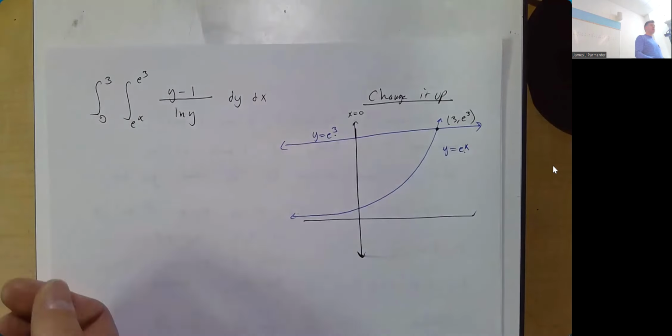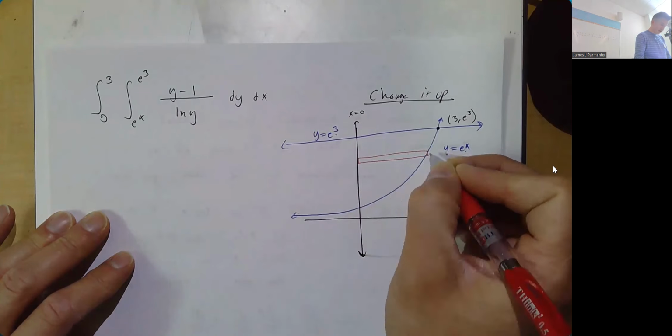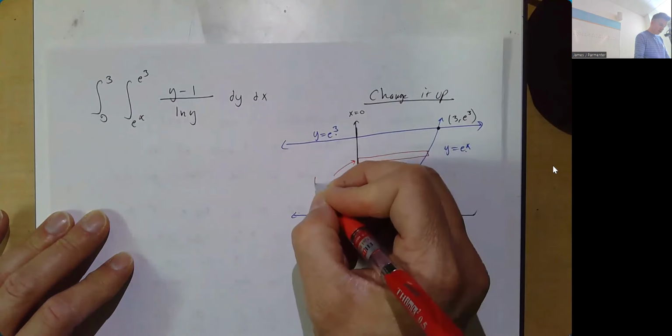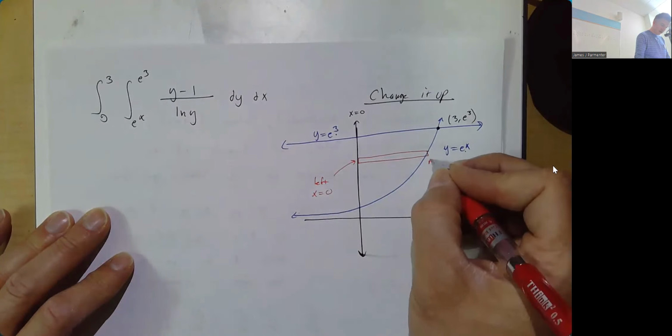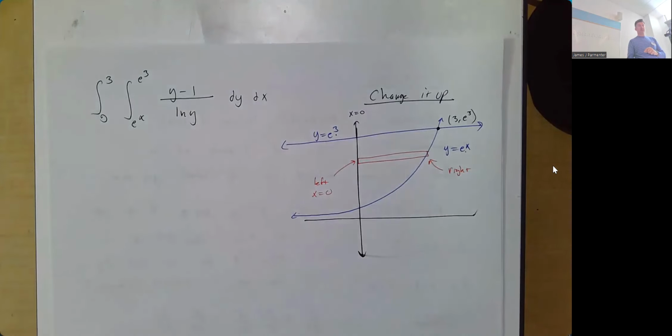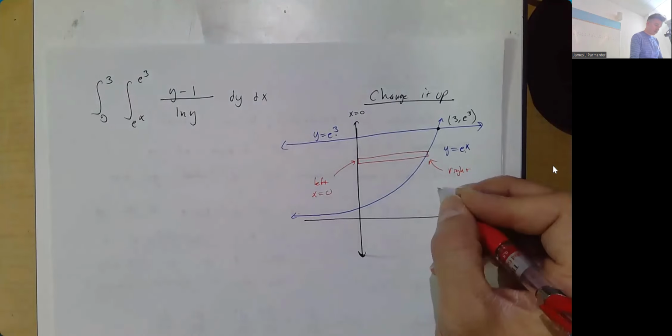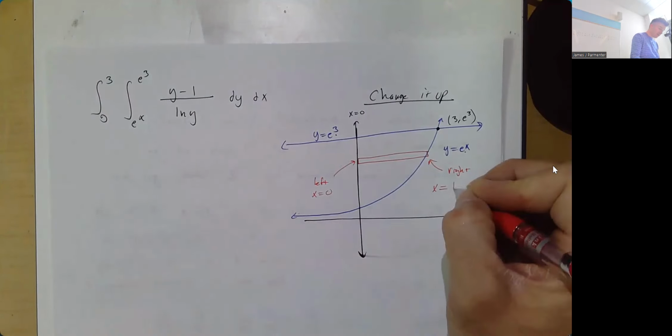But now I want to change it, so I'm going to change the orientation of my strip from vertical to horizontal. So my left boundary is x equal to 0. My right boundary is, instead of y equals e to the x, it's going to be x equal to what? Yeah.